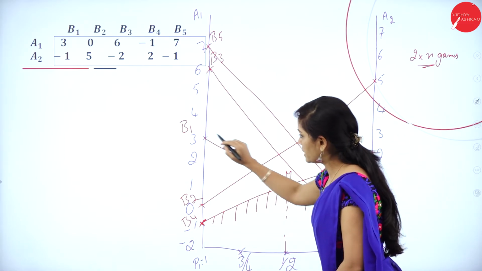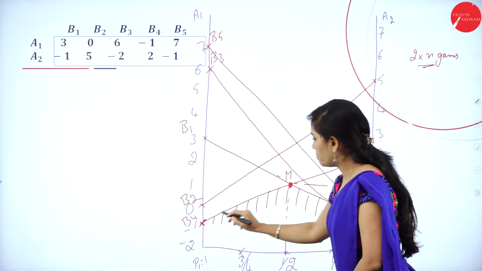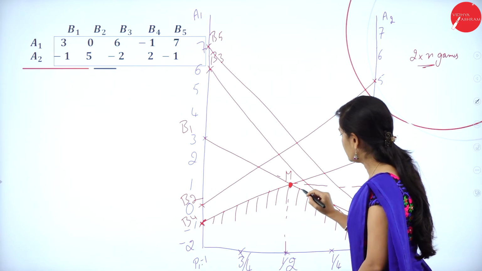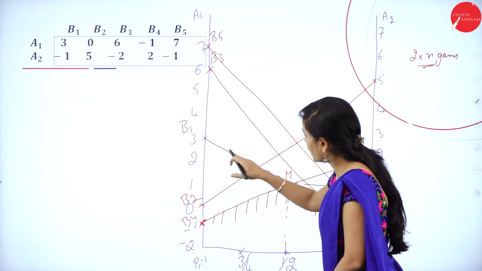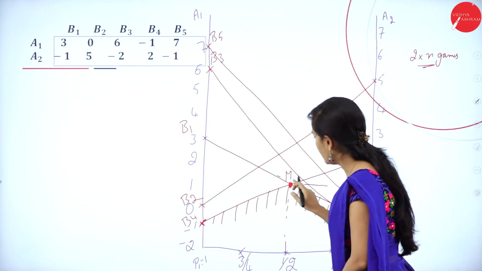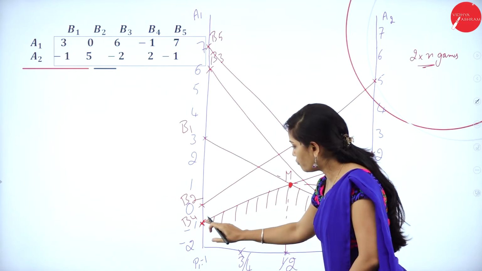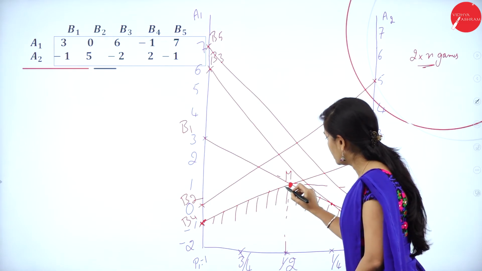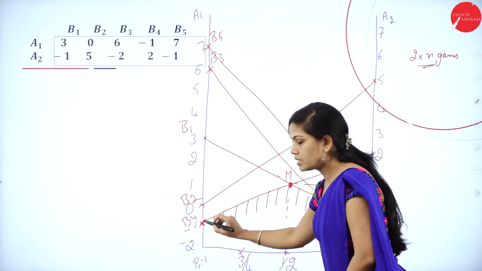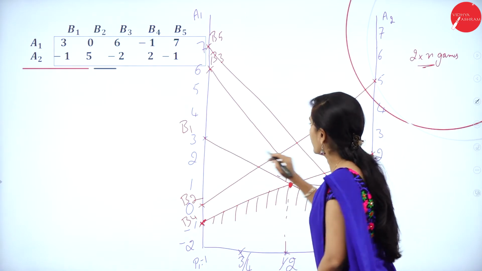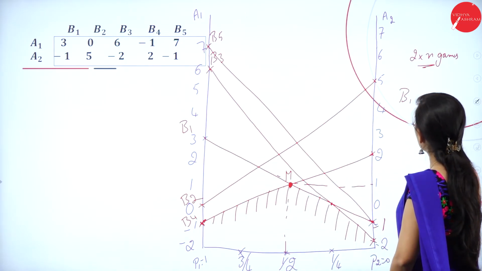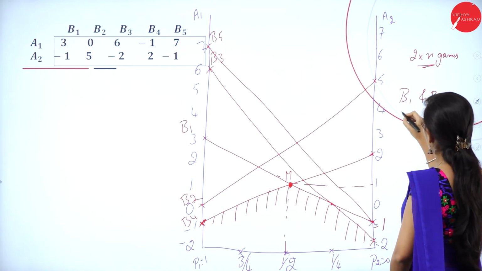It is the B3 line and B4 line. This line is the B1 line and this line is B4. So the maximum point comes under this line, that is B4. So B1 and B4 are selected.